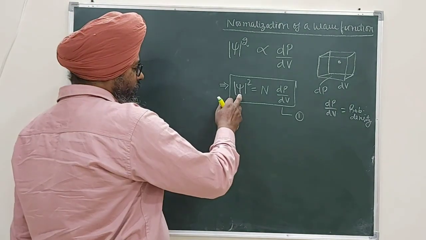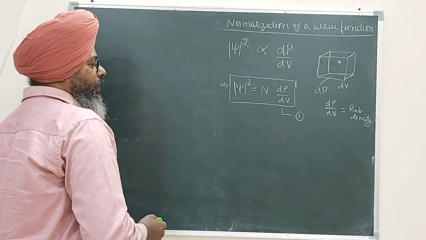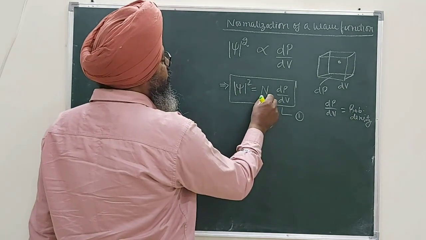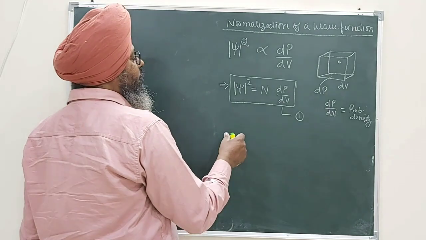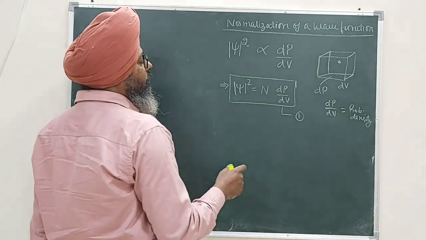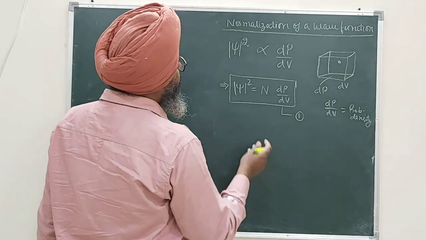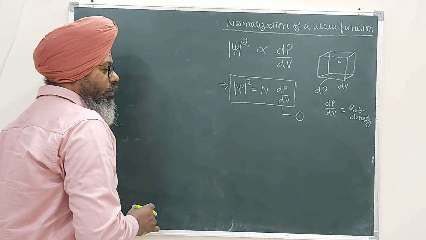It may have all different units in 2 and 3 dimensional motion. So this constant N is chosen in such a way that equation 1 is dimensionally balanced, meaning N takes care of the fact that the left hand side and right hand side should have the same units.